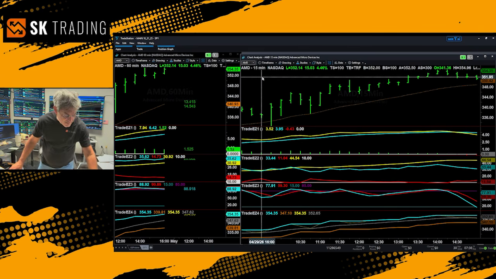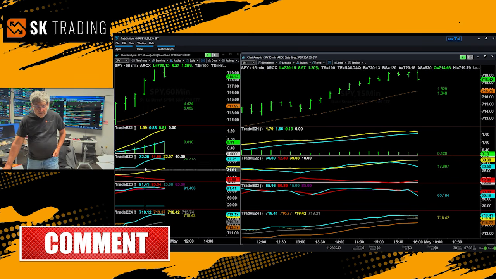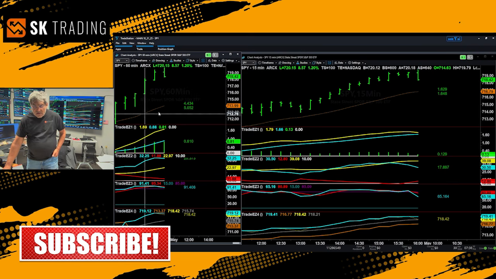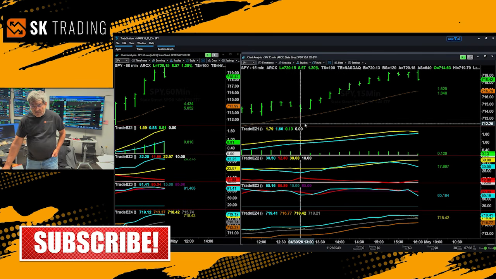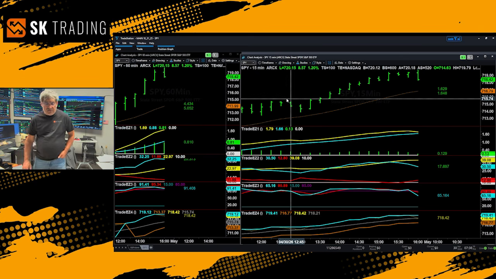And if you look at the spiders here, you can see the spiders on the 60-minute time frame reversed to buy right here as well at 12:30. So we were just looking for pullbacks on the spiders, and right now we're at 720.15 on the spiders, and hopefully we'll get some type of a drop tomorrow. Looking for a pullback on the 15-minute time frame.